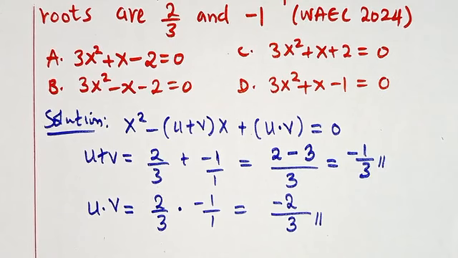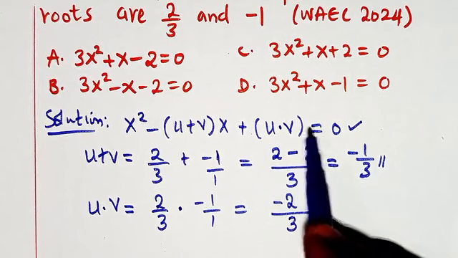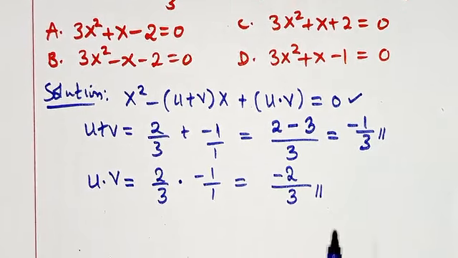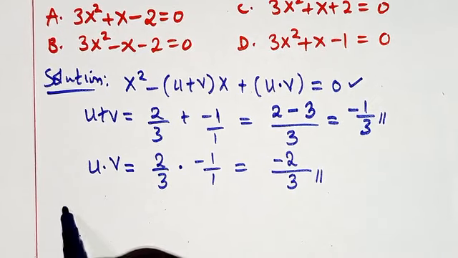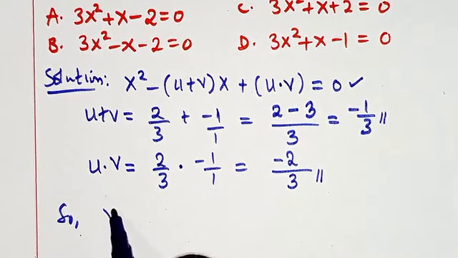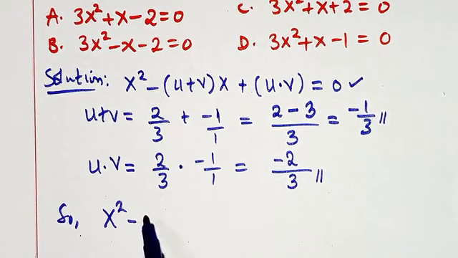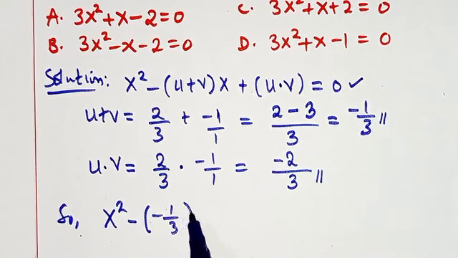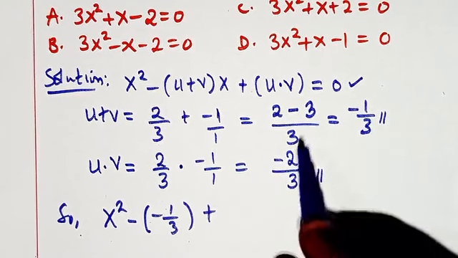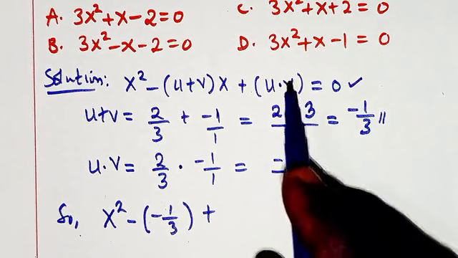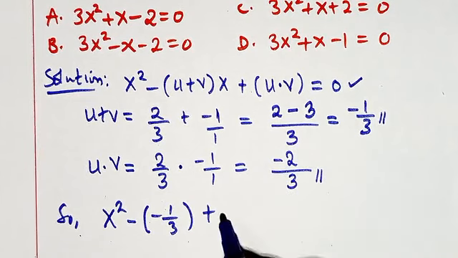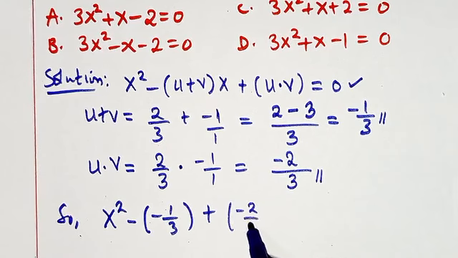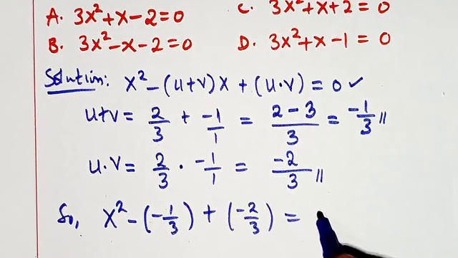The next thing is to employ these in the formula up there. So x squared minus (u plus v) we got is minus 1 over 3, then plus u dot v, which is the product, is minus 2 over 3, all equals 0.